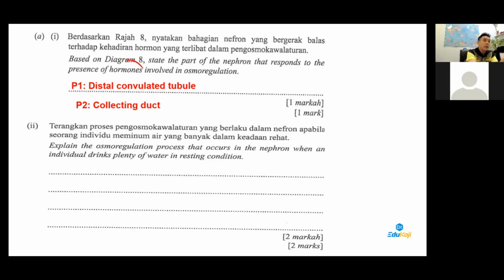Of course, the hormone here actually is mainly referring to ADH. ADH and aldosterone, of course, but when we talk about collecting duct, it's just ADH. Osmoregulation process occurs in nephron when drink a lot of water. Guys, when a person drinks a lot of water, how's the osmotic pressure? Drop.